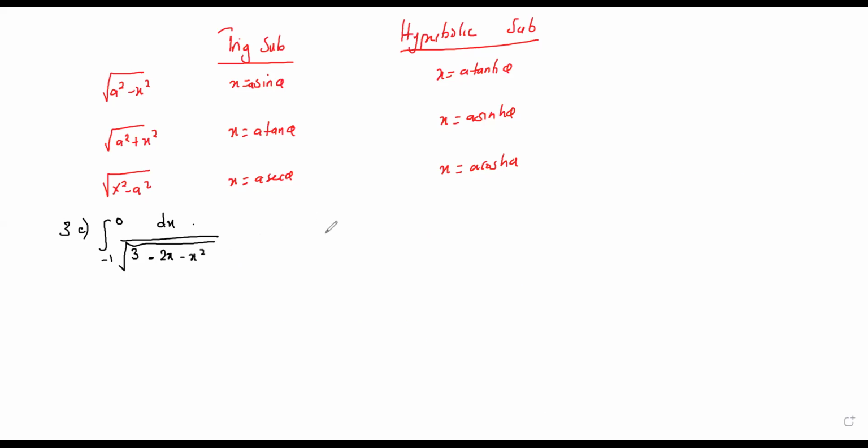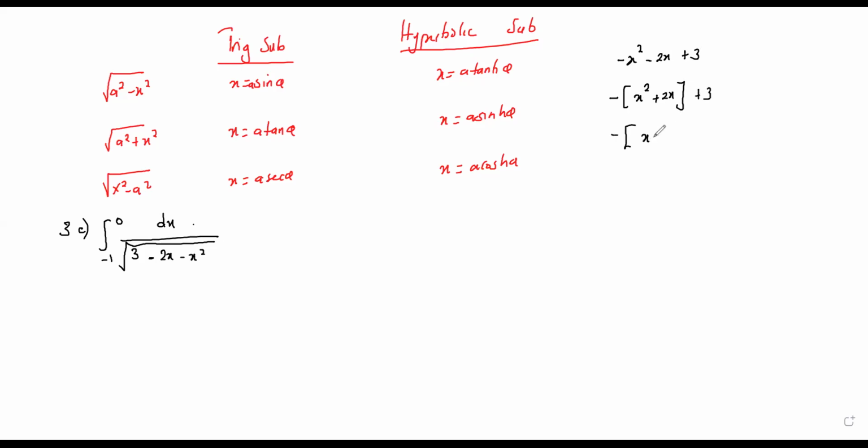Okay, so the first thing we do is, now we are in the root, and we write this guy in this form, and then complete the square, so we can tell what form it's going to be. So we're going to have a negative, and then x squared plus 2x plus 3.